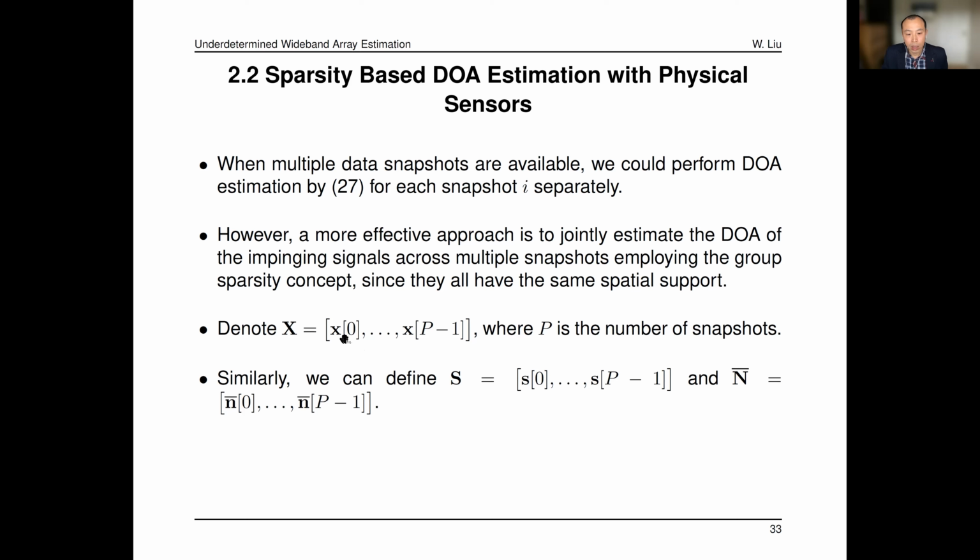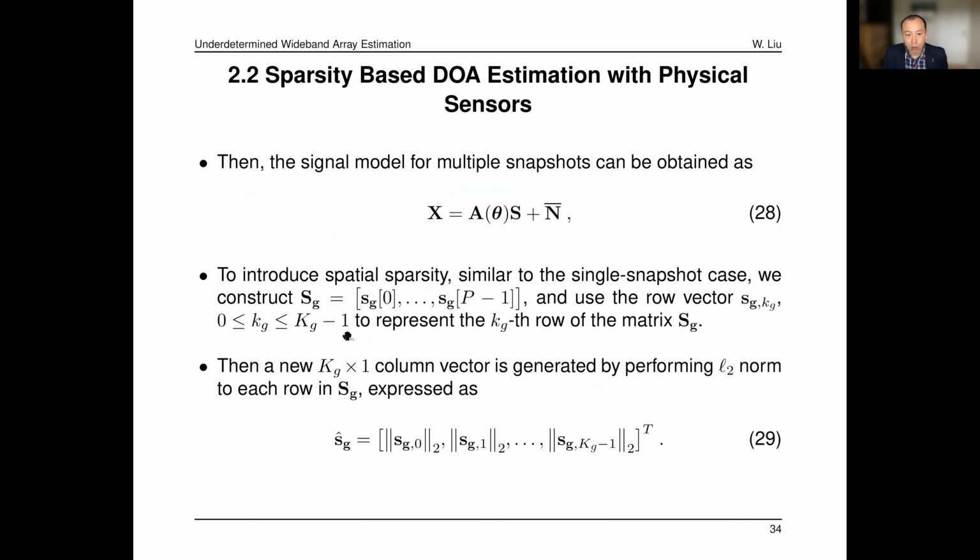Like you have P snapshots, where P is the number of snapshots. This new model has the data matrix, the source matrix, this is the steering matrix, and this is the noise matrix. Then you find the row vectors of the source matrix.